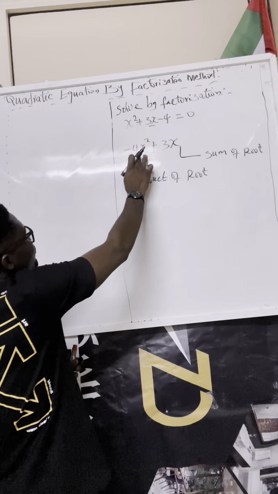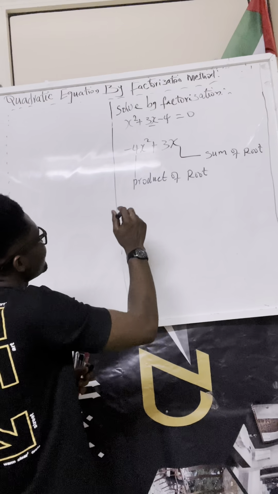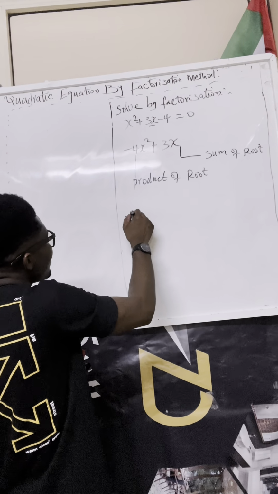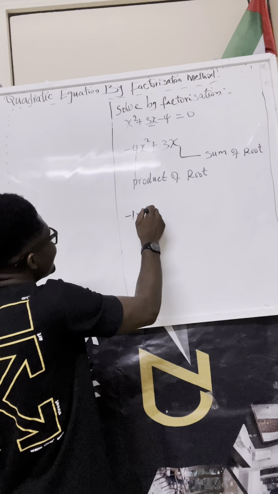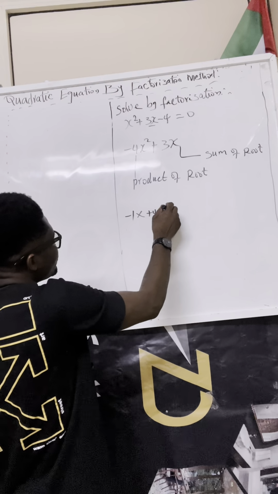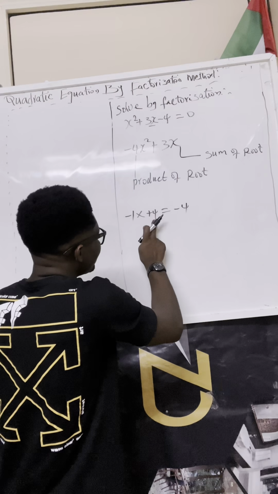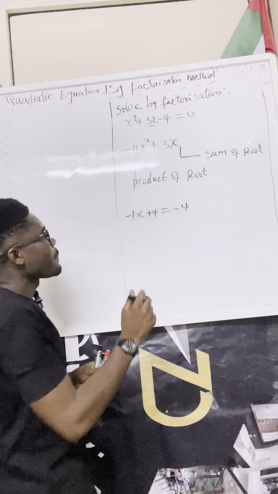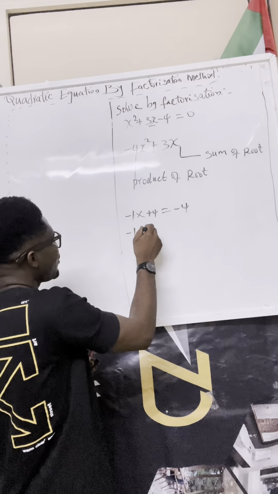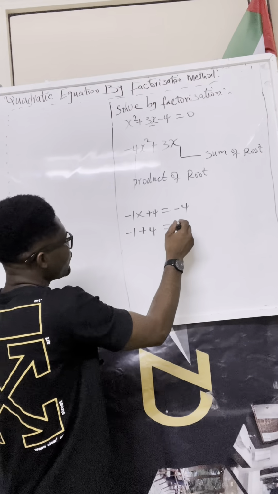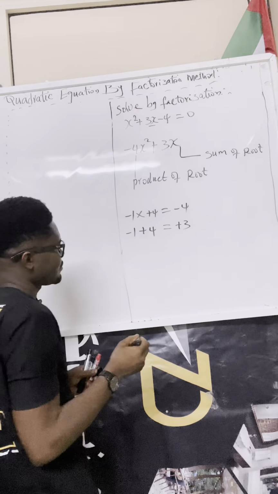You now consider the factors of 4. You find out that minus 1 times plus 4 is going to give us minus 4, and minus 1 plus 4 is going to give us plus 3.